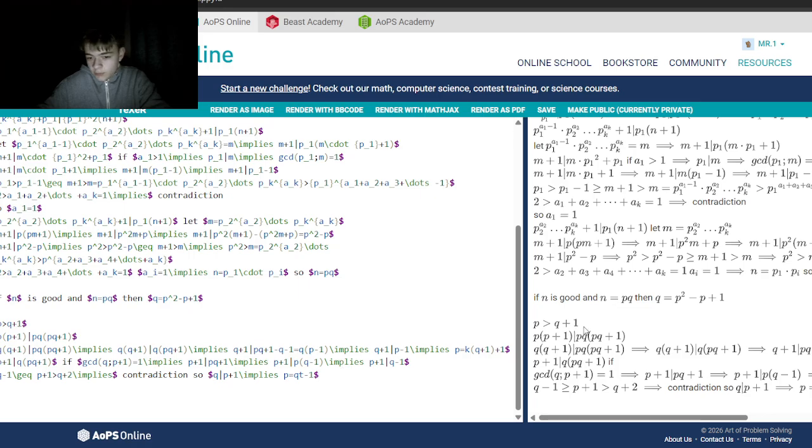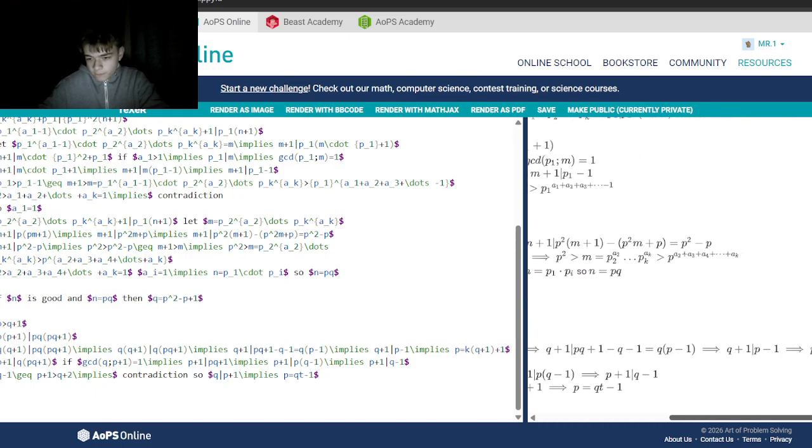That's actually the name of this problem, but okay. So p is equal to, wait, actually now let's replace p with this. So we know that p is equal to this.